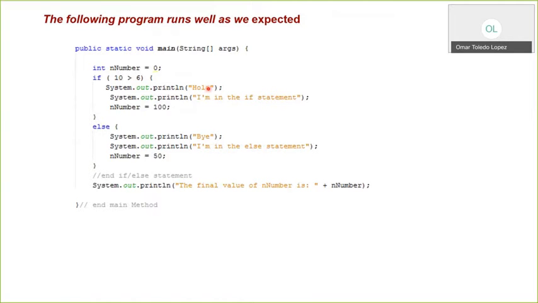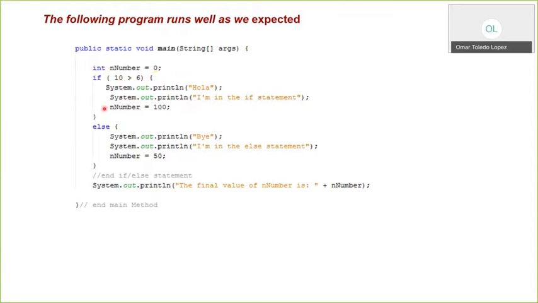Hola means hi, just in case. So you're learning Java and learning Spanish as well. Next line, System.out.println "I am in the if statement." What's next? You assign 100 to the variable nNumber. So three statements have to be executed when 10 is greater than 6.